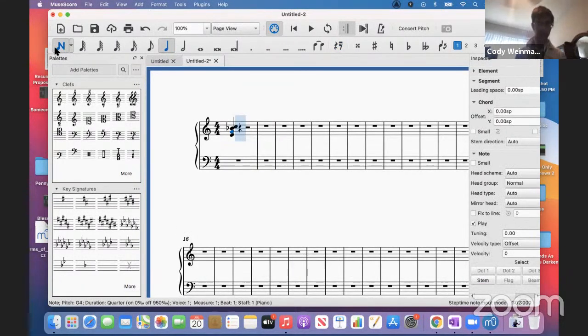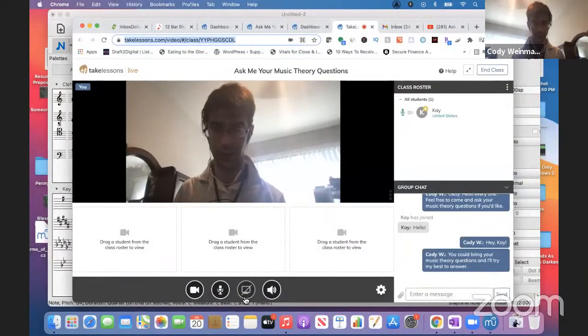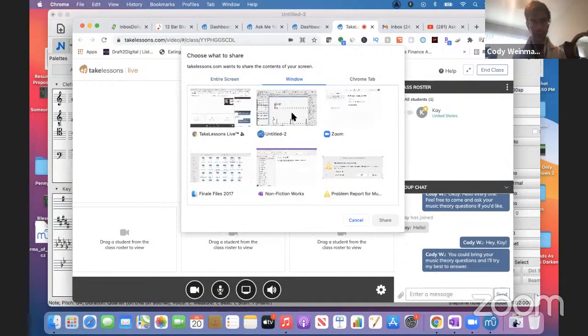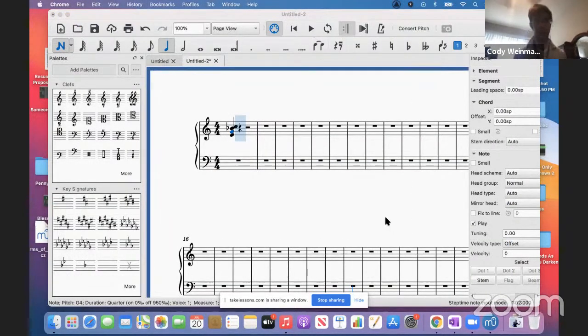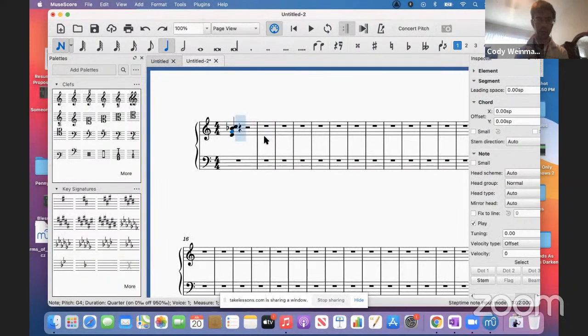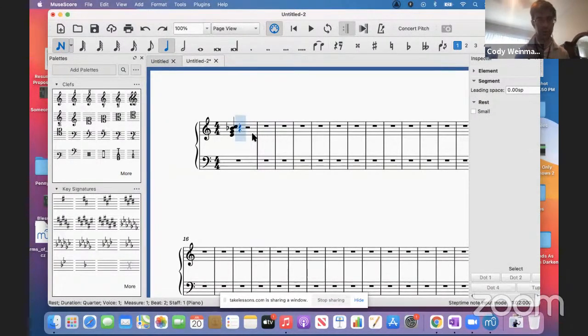So I have this. I don't know if you could hear any of that. Oops. Well, I have a chord up here. I don't know if it's screen sharing, but no, it's not. Let me go to window. Let me pull you up here. There. That's what I pulled up. Let me do, in the second measure, I will do this. What did I do before? I'm trying to do that to answer the question here.